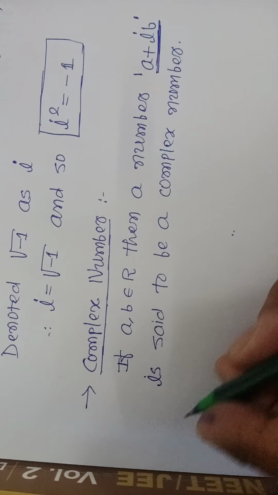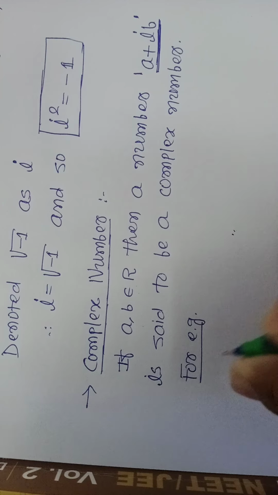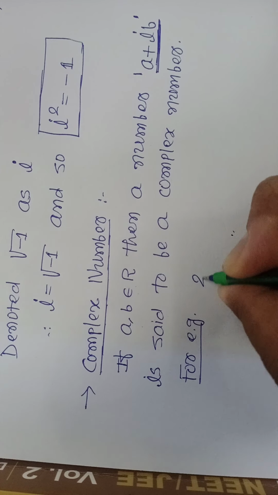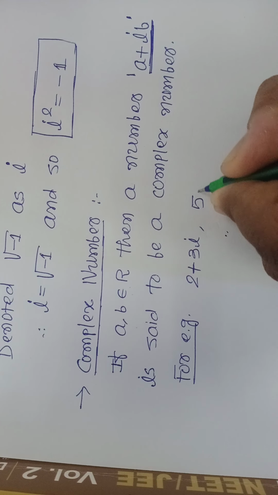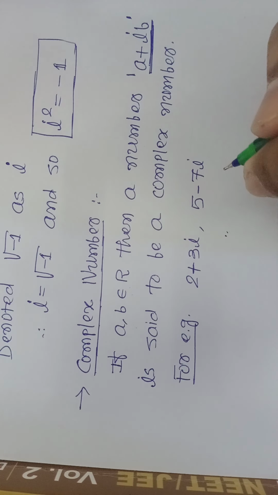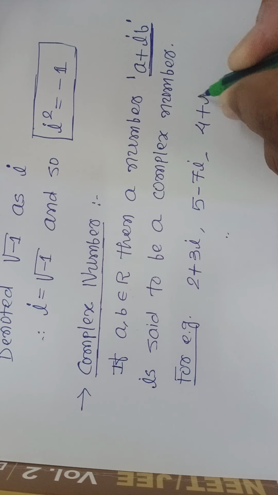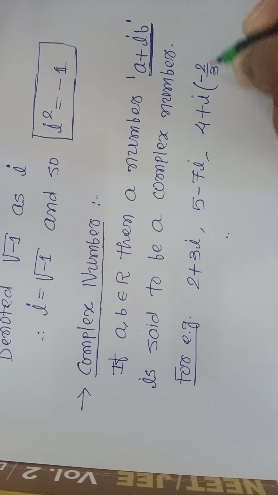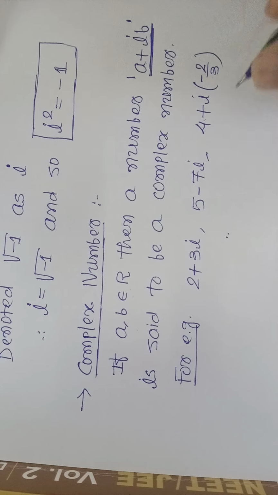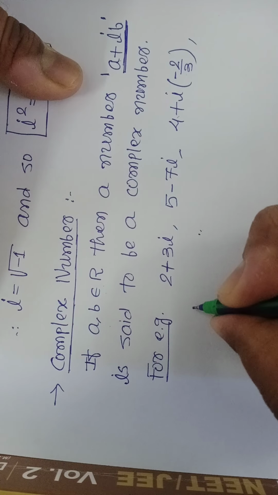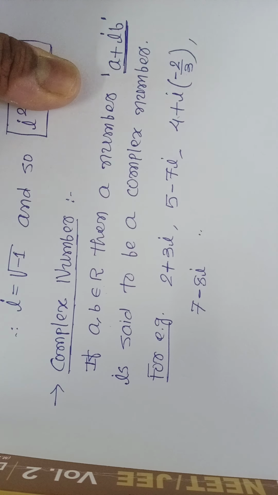For example, in general, 2 plus 3i, 5 minus 7i, 4 plus i into minus 2 by 3, where a is 4 and b is minus 2 by 3, and 7 minus 8i. All of these are complex numbers.